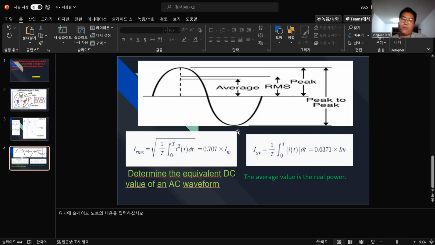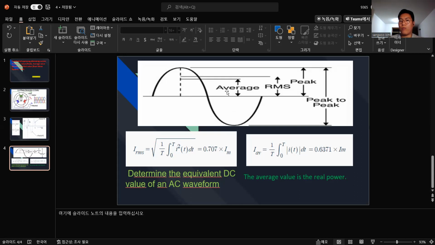Okay, so look at that. RMS means we want to determine the equivalent DC value of an AC waveform. So simply, as you know, there are many instantaneous values, right? But we want to know how much it is as a DC value.